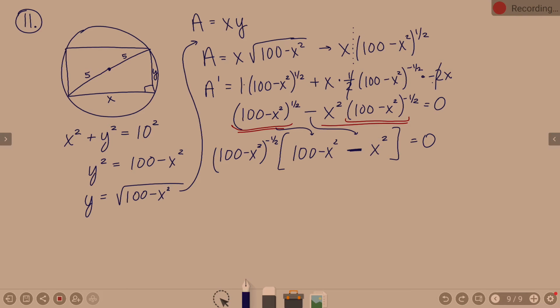I just left the 100 minus x squared to negative 1/2. I'm going to clean up my next piece. 100 minus x squared is going to be 100 minus 2x squared. And that's equal to 0.